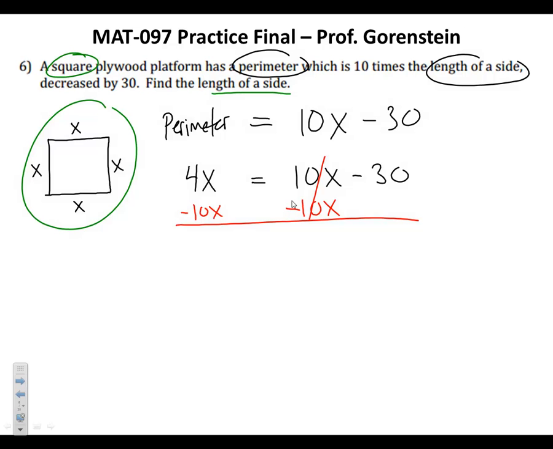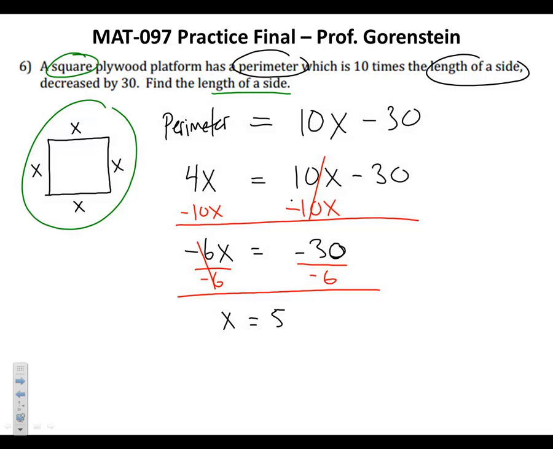On the left, we'll have a negative 6x. On the right, we have the negative 30. We want to eliminate the times negative 6, so we'll divide by negative 6. Negative 6's cancel on the left, so we have x is equal to 5.